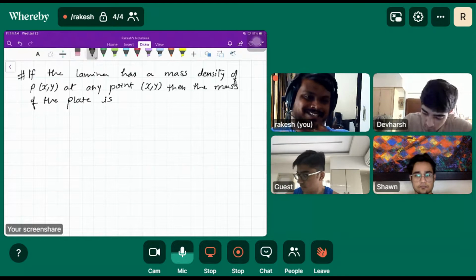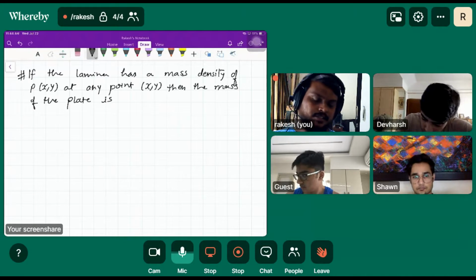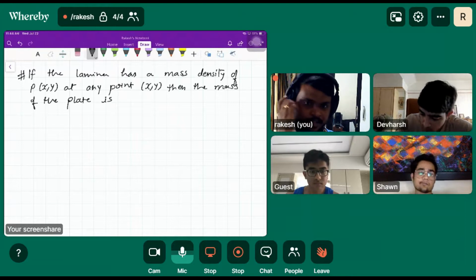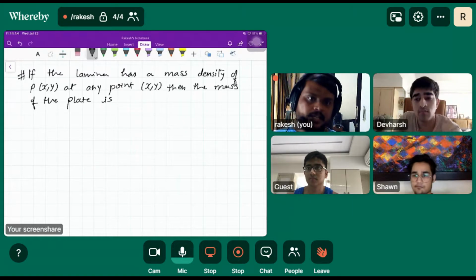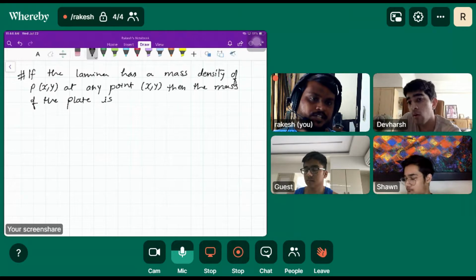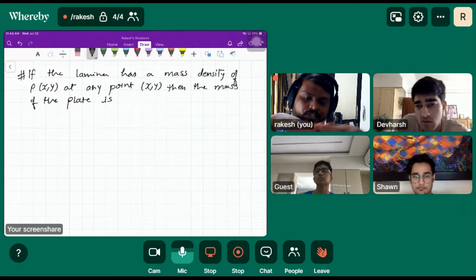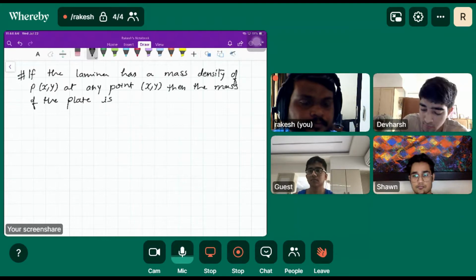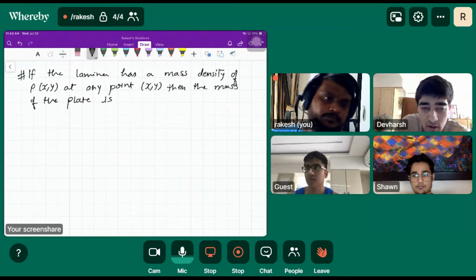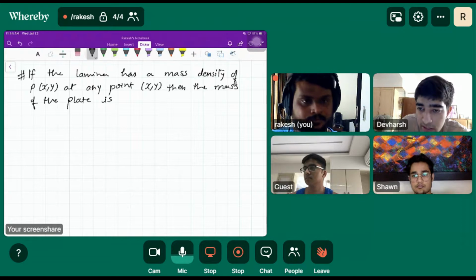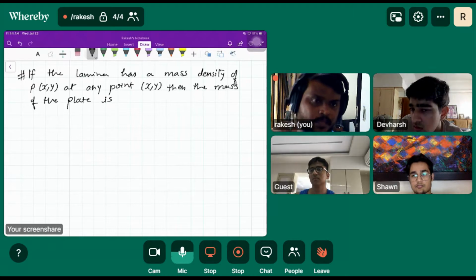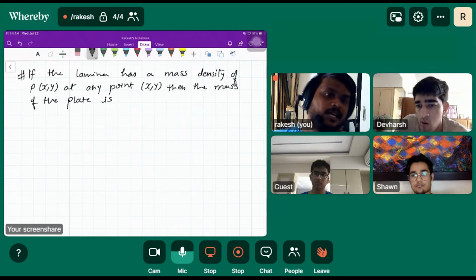The mass density is denoted by rho of x comma y, the mass density function at any point (x, y). For a triangle, the geometric center is the centroid, where the medians meet, but what we are discussing is center of mass.